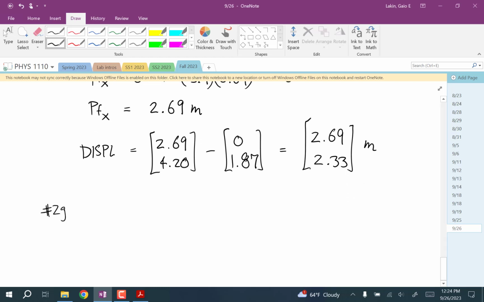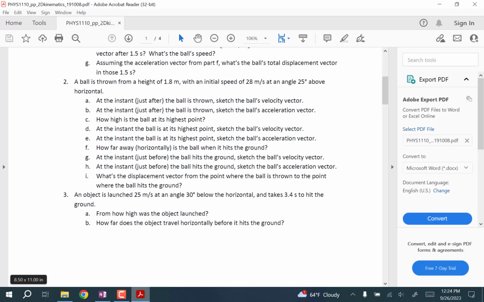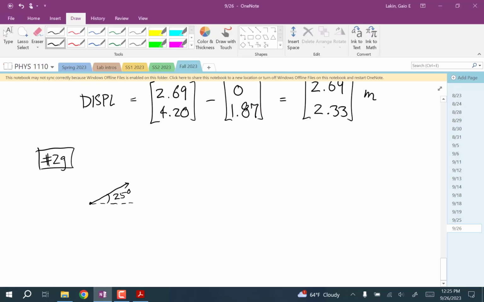Number 2G. Once you do all these calculations, you see that this thing takes off at a 25-degree angle. I missed how fast it's going, but let's see, 28 meters per second, and from a height of 1.8 meters.